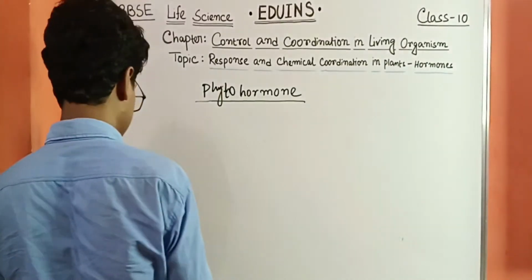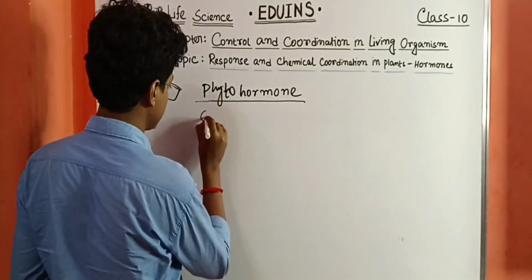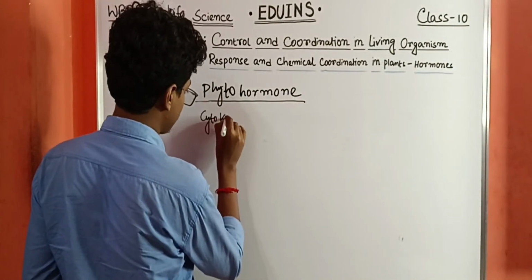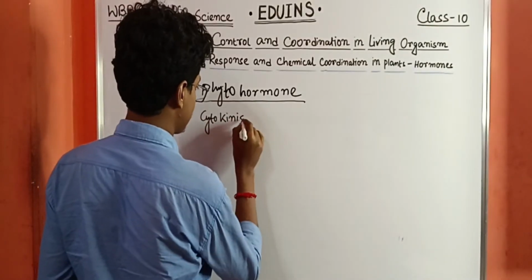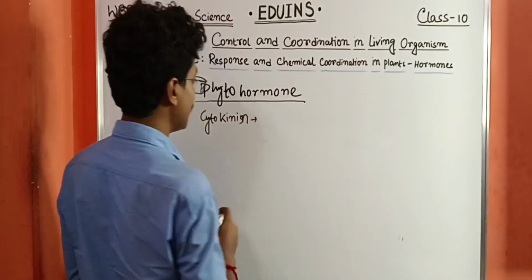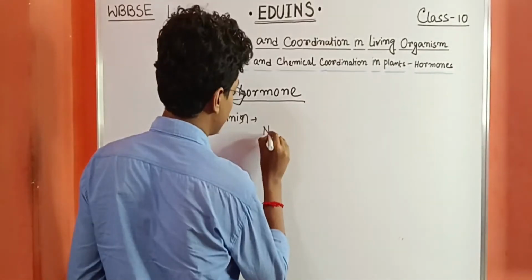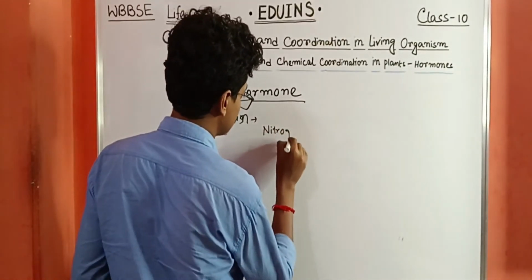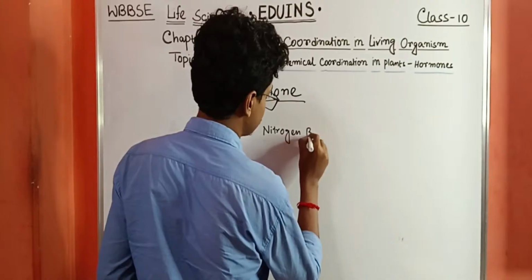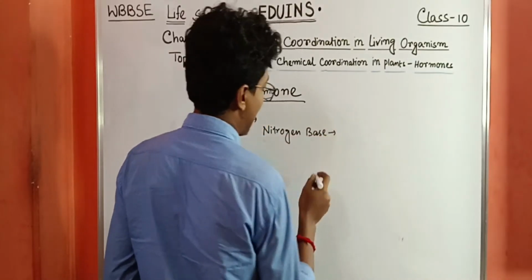Cytokinin is a nitrogen based alkaline hormone.